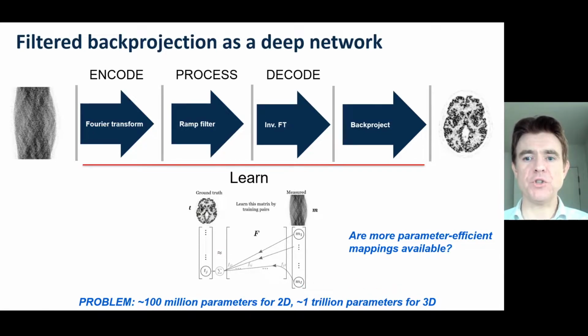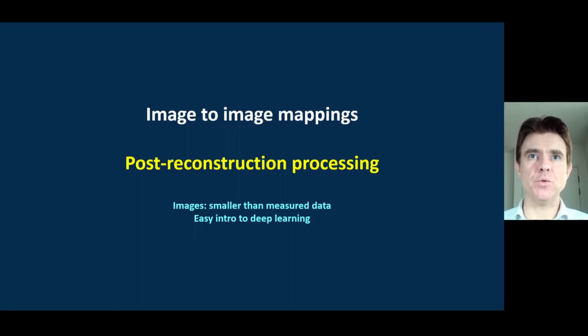Are there more computationally efficient ways of doing it? And the answer, of course, is yes. And that's why in the next part of this talk, I'll be dealing with image-to-image mappings through the process of convolution, leading up to convolutional neural networks, which in turn will then lead us into how we go about actually finding non-linear mappings from sinograms to images, which would correspond to direct image reconstruction, deep learned architectures.